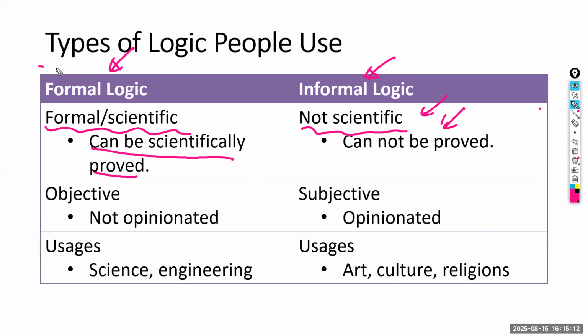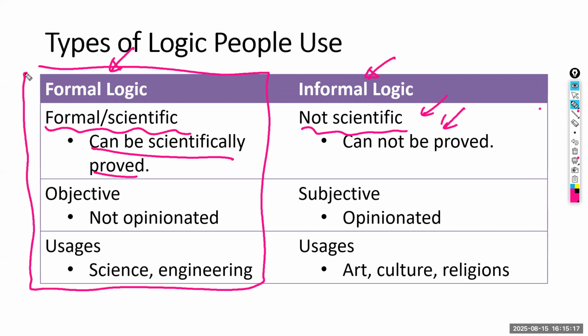We are going to concentrate 100% on formal logic. And why? That is one of the reasons why people love computers and like to get things done by computers rather than humans. Because a computer operates 100% on formal logic. A computer doesn't process data using faith, luck, ghosts, liking and so on.